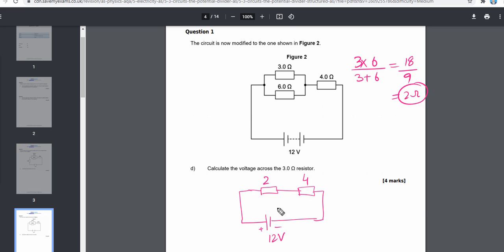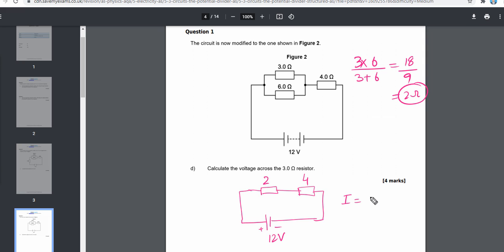Now I have to find out the current in the circuit, and then by using Ohm's law, I'll work out the voltage across this 2 ohm resistance. Whatever is the voltage across this resistor, that will be the same voltage across the 3 ohm resistor. So I will find out the total current through this circuit.